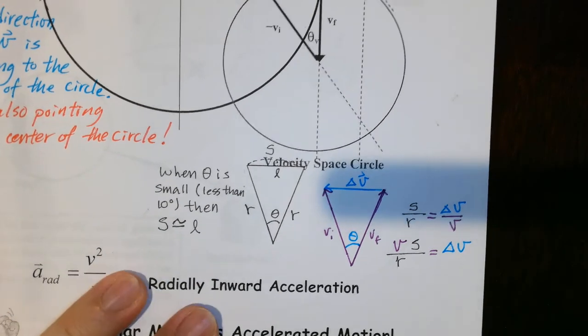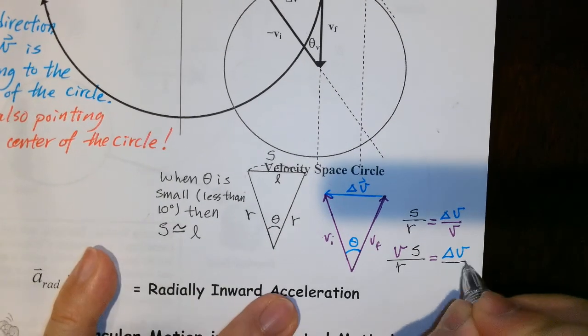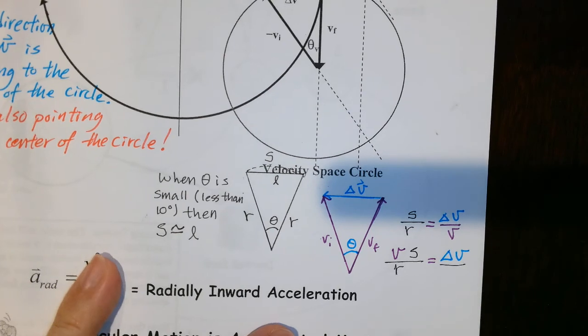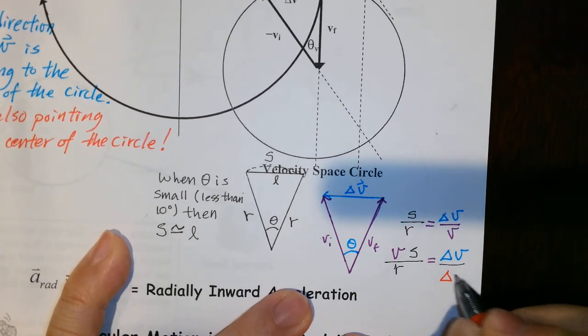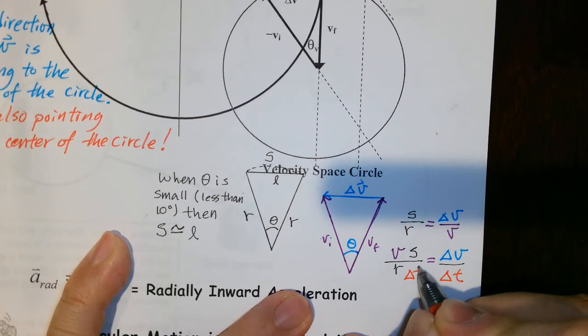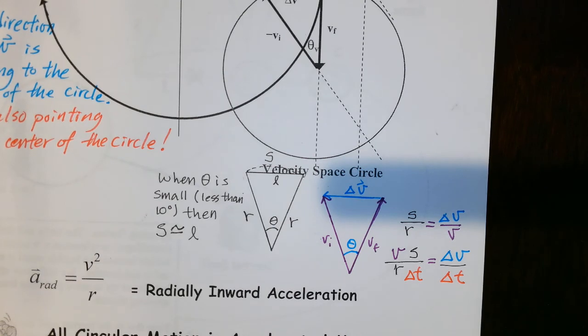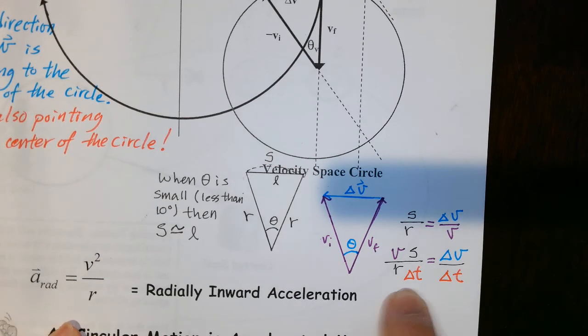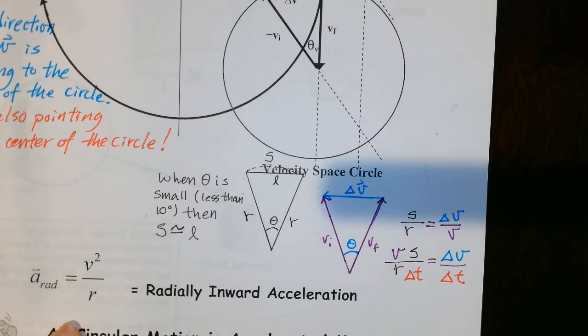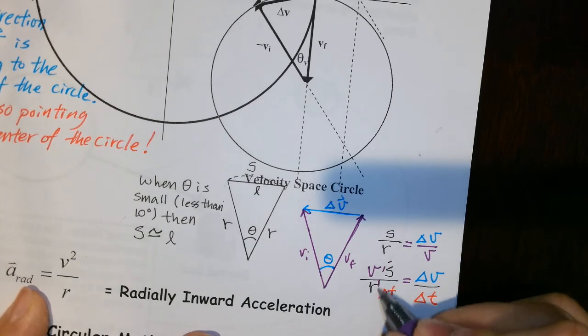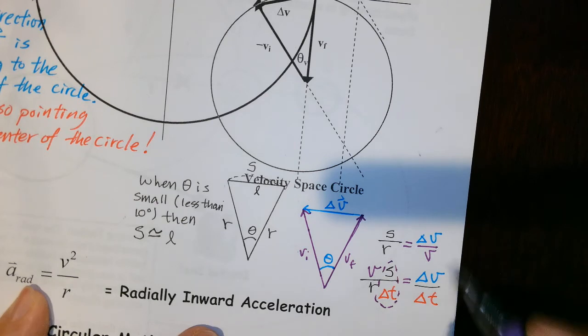If I divide both sides by delta T, I'm not really changing the equation here, right? Because I'm multiplying by 1. Well, this right here, S over delta T, is V. That's the distance divided by time.